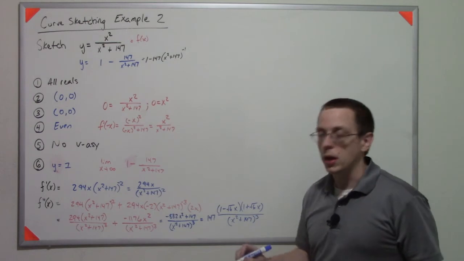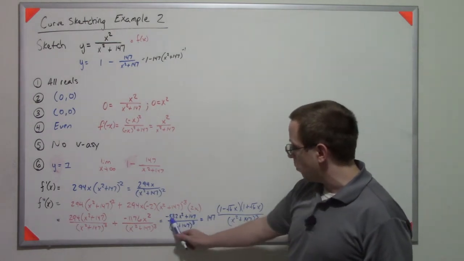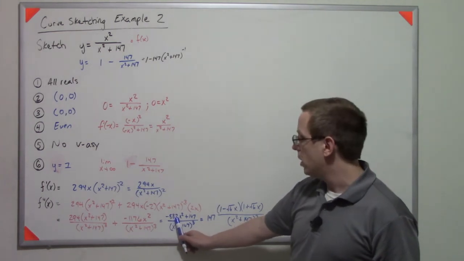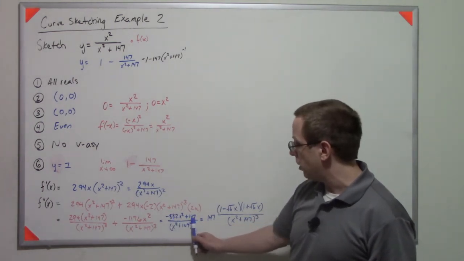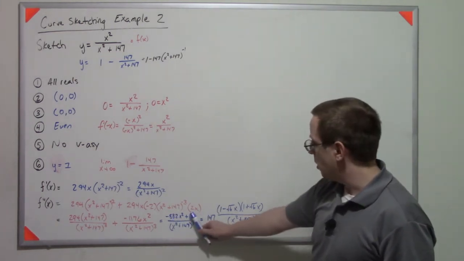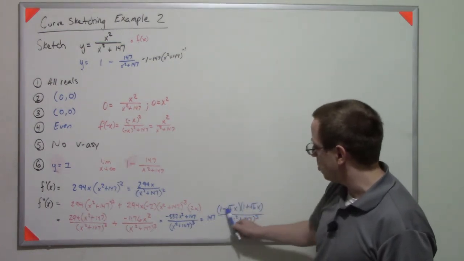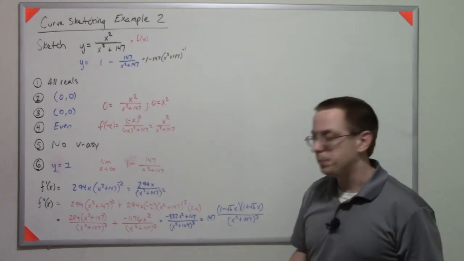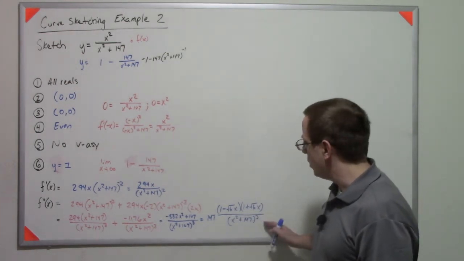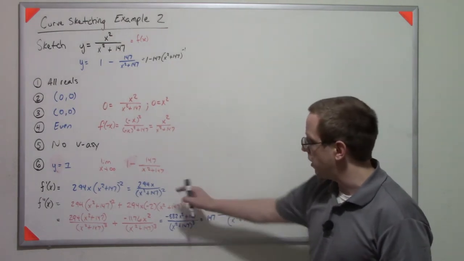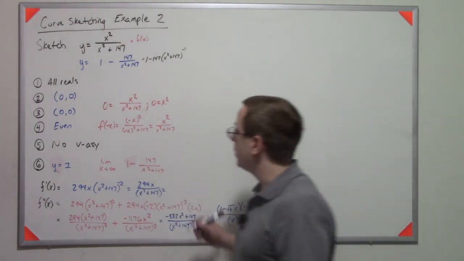Okay, so why does it look like that? Well, it looks like that because if I pull out a 147, what's left over here is negative 6x squared. So you have negative 6x squared plus 1. So that's a 1 minus something, a 1 plus something. So you split it into these two. What that's going to do is help us solve for where the inflection points and the critical points are going to be.